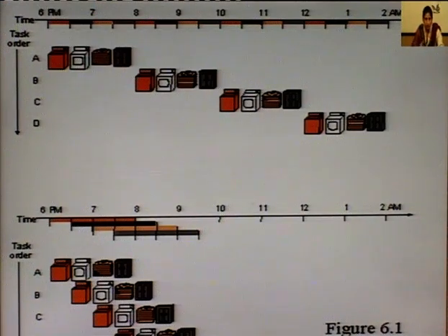In the first half of this slide, what is it? Sequential processing of instructions. It means if we have a 4-stage instruction, then the first 4 cycles will cover one instruction, that is A, with task order and time given. From the 5th cycle onward will cover operation B, and so on.